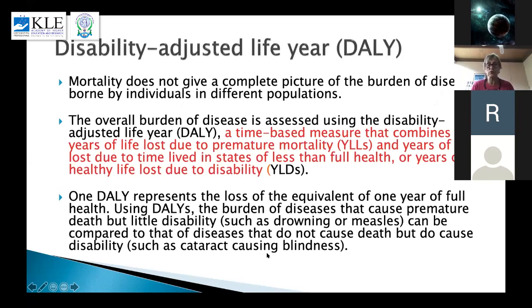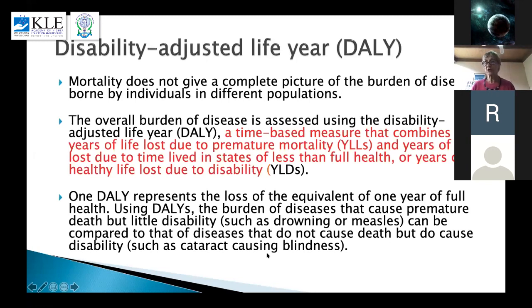So we use this measure that looks at the time-based measure that combines the years of life lost due to premature mortality. So let's say someone dies at the age of 40, and the years lost due to the time lived in states of less than full health, or the healthy life lost to disability.